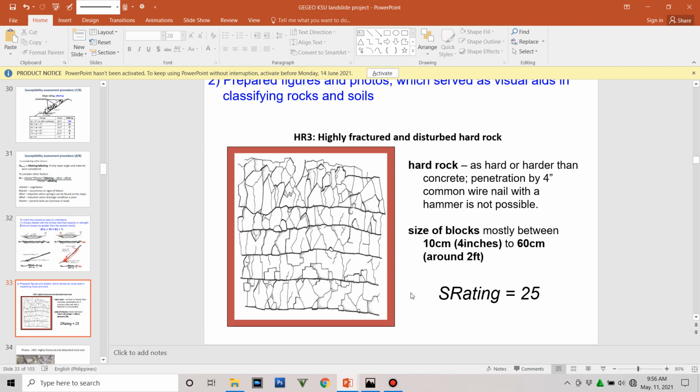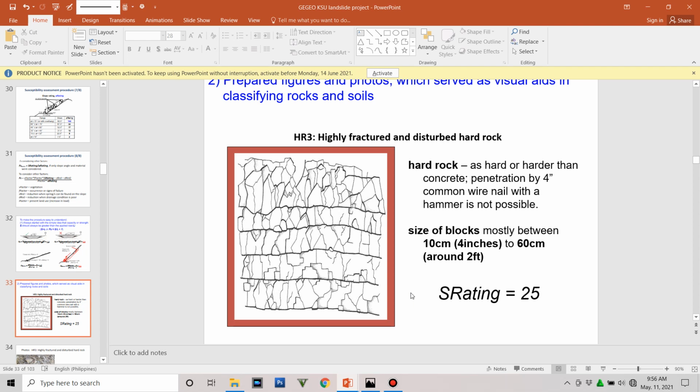So yung common wire nail, ito yung ordinary na pako. So it is not a concrete nail, but it is a common wire nail that is 4 inches. If you drive a nail on that slope surface, kapag pumasok yan, that is a soft rock.